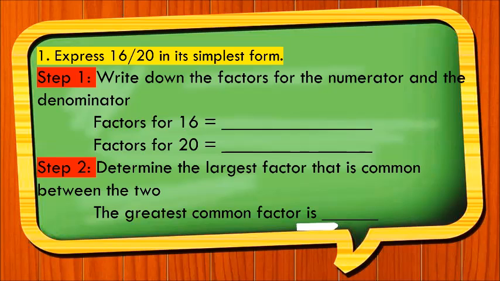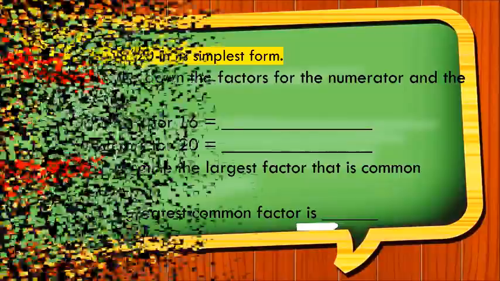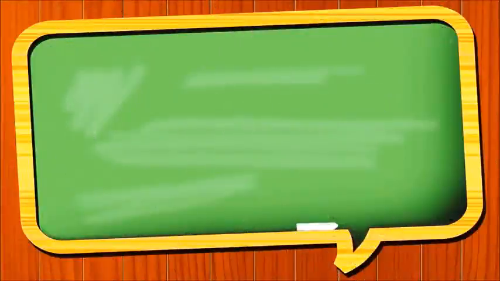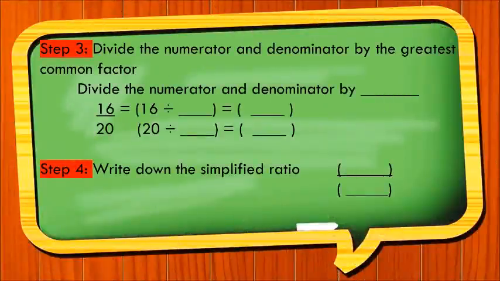Okay, so we go to step 3. What are we going to do next? Step 3. Divide the numerator and the denominator by the greatest common factor.